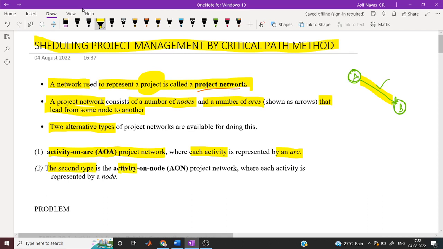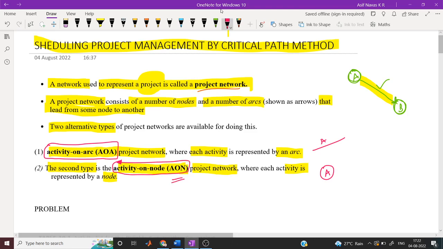The second method is activity on node, AON, the project network, where an activity is represented by a node. The most commonly used method is AOA, but the second method is much easier than the first, and it is now commonly used in project management techniques. So we will use the second method.